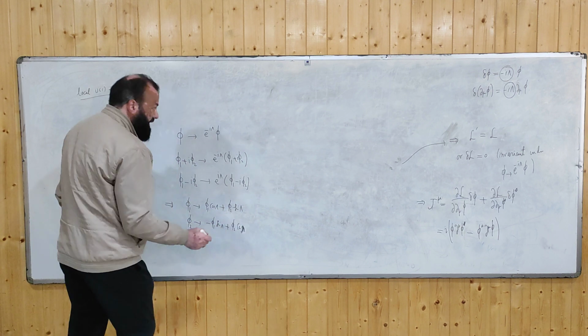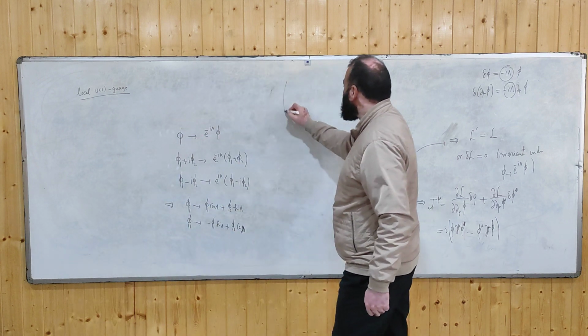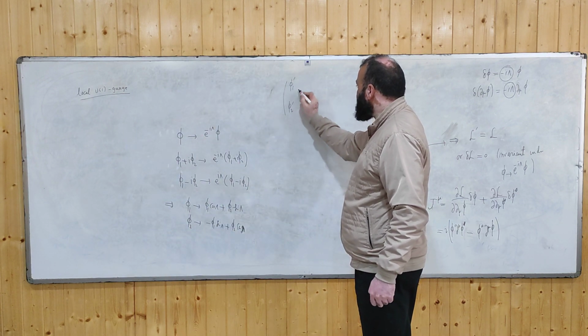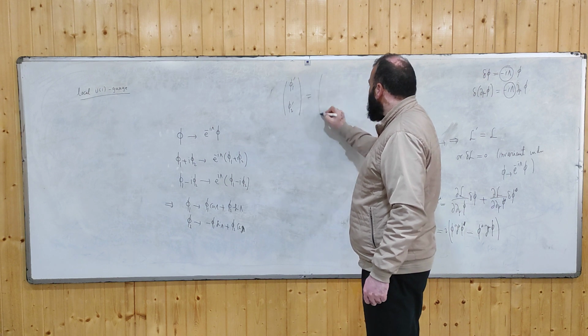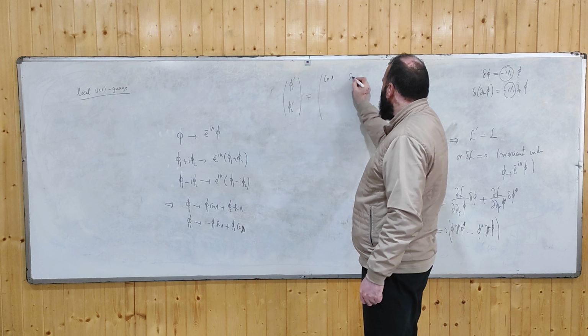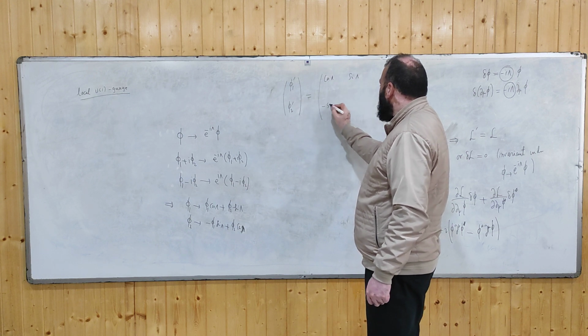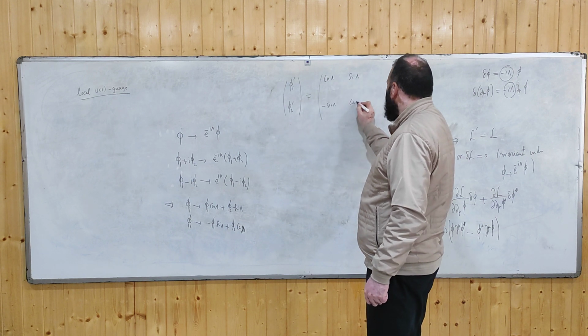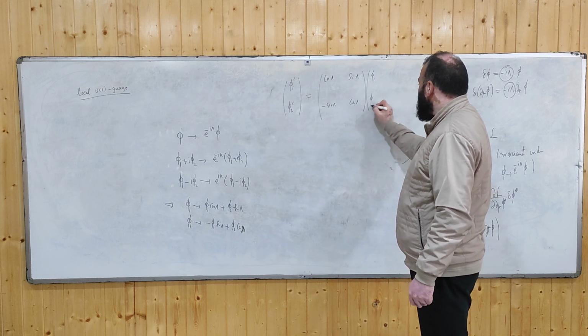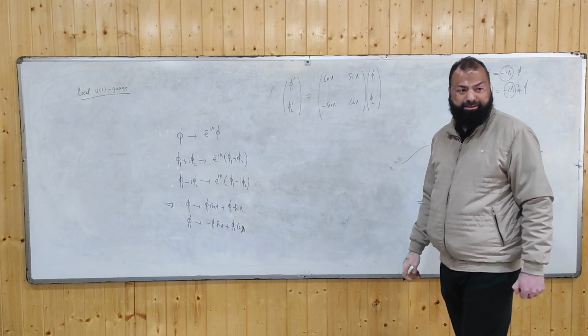In other words, you have this quantity phi 1, phi 2, let me write it as phi prime. So this is the transformed one. It is the matrix cosine lambda, sine lambda, minus sine lambda, cosine lambda, acting on phi 1, phi 2. Clear?